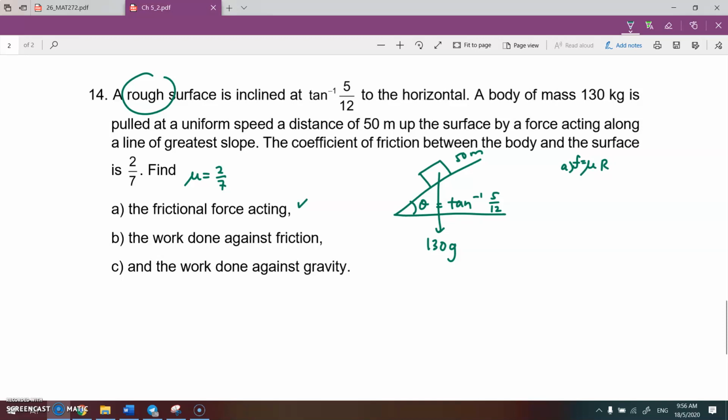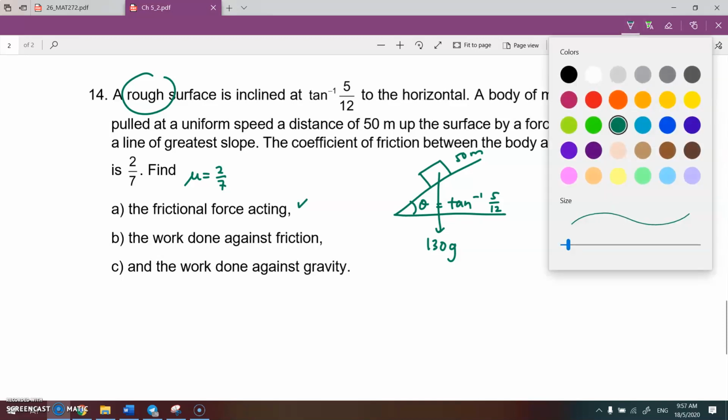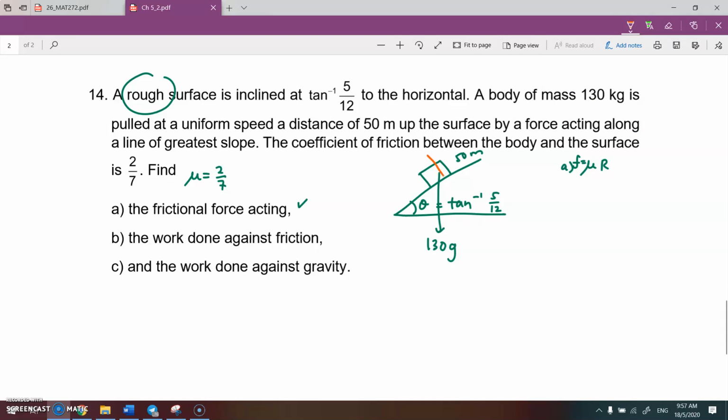How are you going to find the frictional force? Your R would be here, and your 130g would be here, with theta here. So R is 130g cos theta, because theta is here.